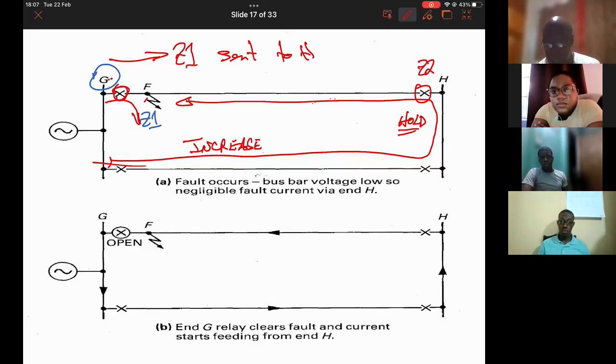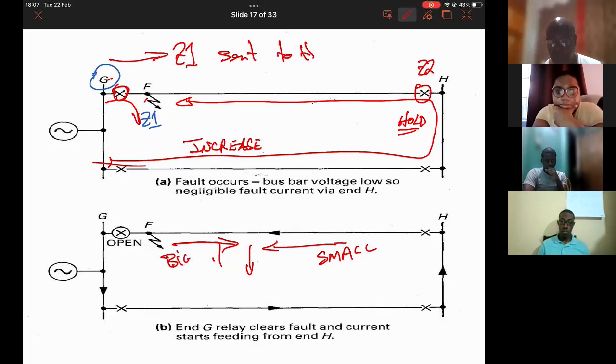You have the fault at this point. You have current contribution from that end, from that end. The current contribution from here is small relative to over here. Because this breaker is open, the big current disappears. But it's the same generator. So you now have the fault current going all the way around.